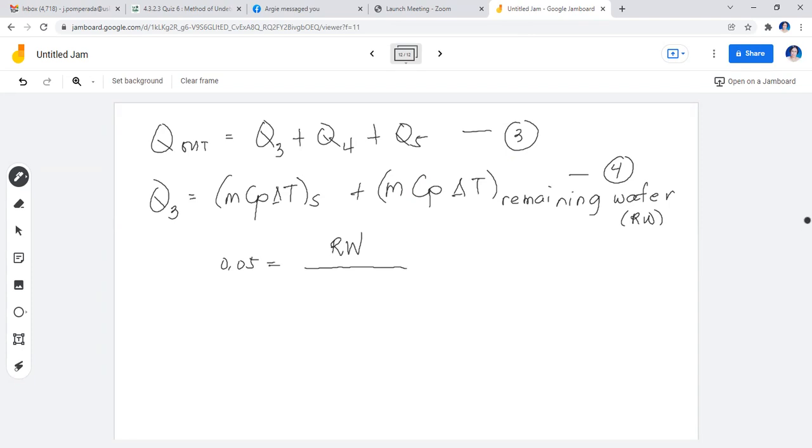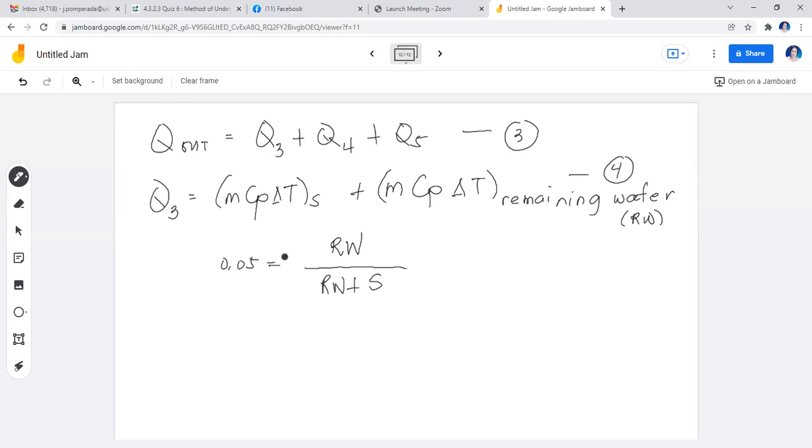If it's 0.05 here and I place remaining water here, what should be placed in here? Remaining water plus solid, right? Remaining water over remaining water plus solid is the percentage of water leaving with your processed or dried feed from the dryer.